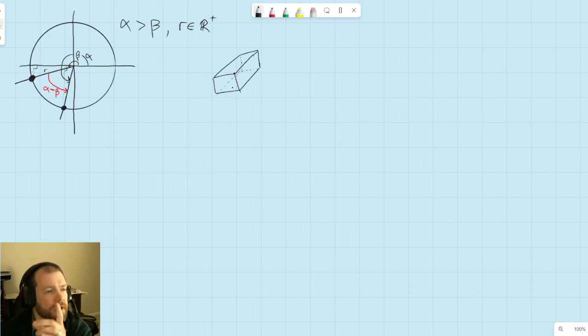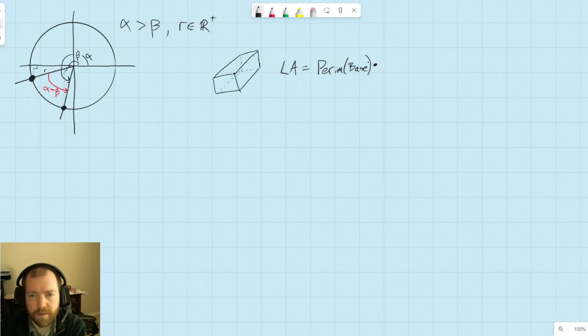So the lateral area, just as Megalomorph said there, is going to be the perimeter of your base multiplied by the height. Height of your prism.